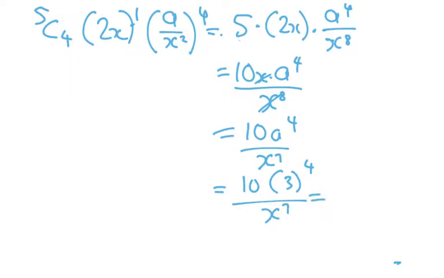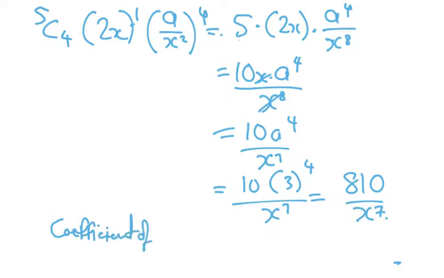That's 81 times 10, which is 810 over x to the power of 7. So the coefficient of 1 over x to the power of 7 is 810.